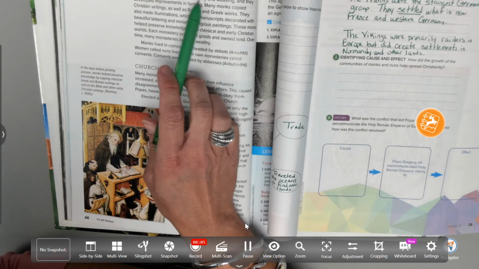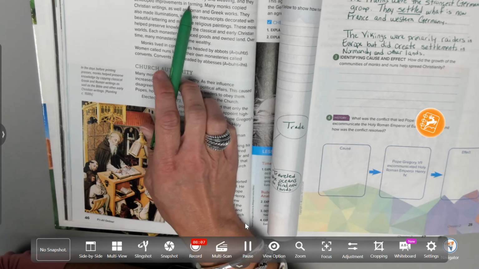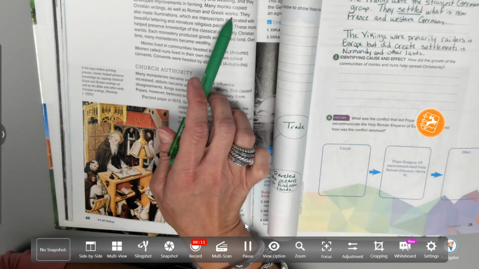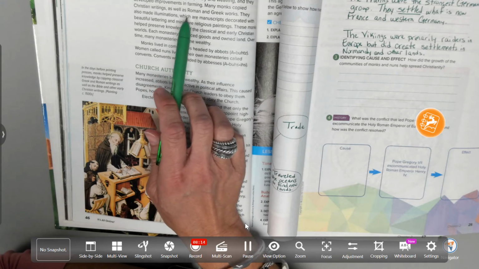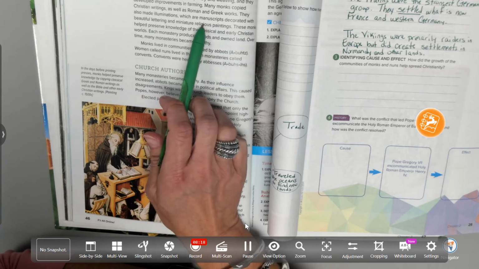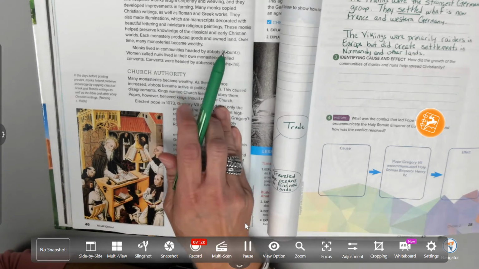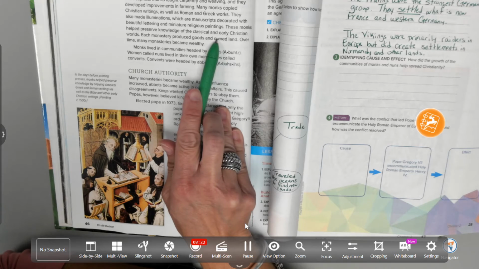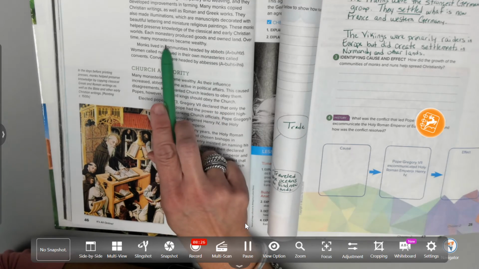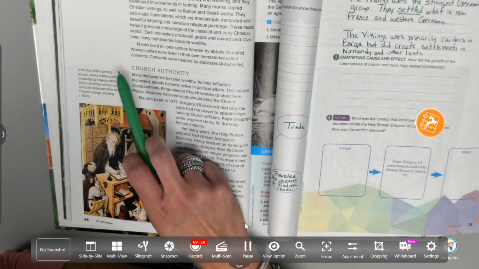Monks taught carpentry and weaving, and they developed improvements in farming. Many monks copied Christian writings as well as Roman and Greek works. They also made illuminations, which are manuscripts decorated with beautiful lettering and miniature religious paintings. These monks helped preserve knowledge of the classical and early Christian worlds. Each monastery produced goods and owned land. Over time, many monasteries became wealthy.